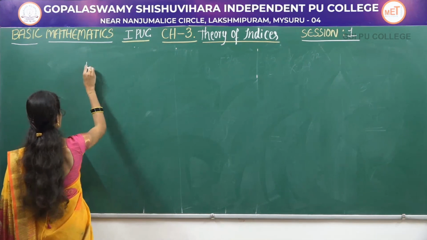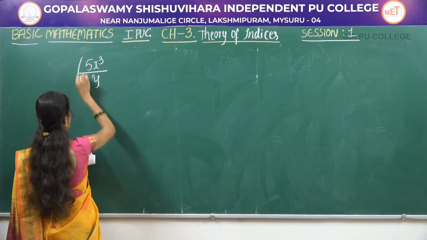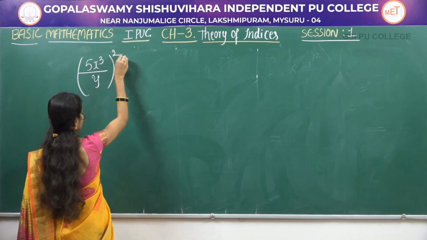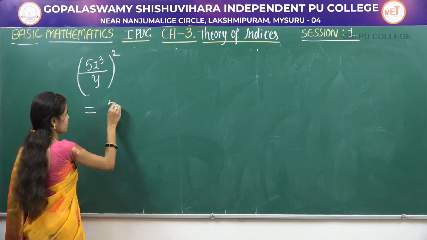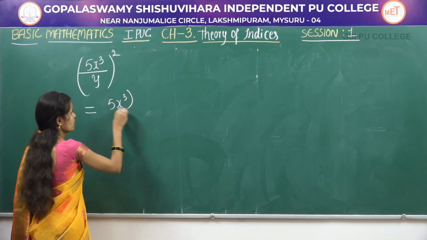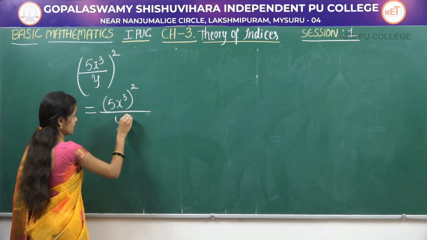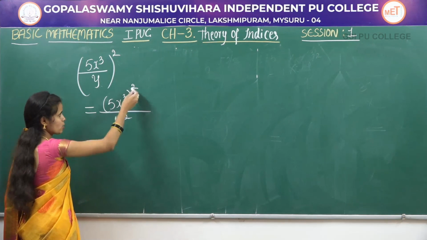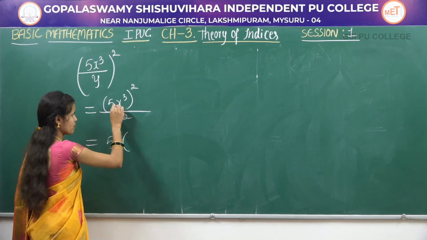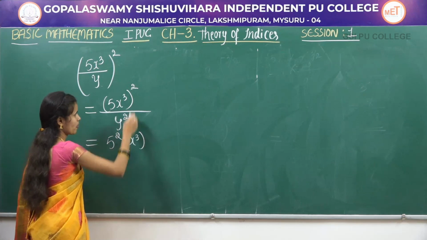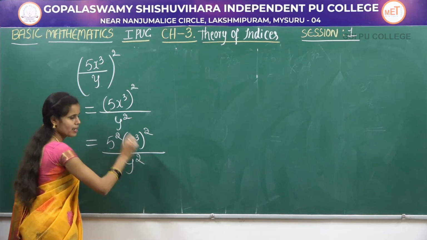Next problem: 5x cube divided by y whole to the power of 2. Simplify, split the power to each term. 5x cube whole square divided by y square. So 5 square into x cube whole square divided by y square, write y square as it is.